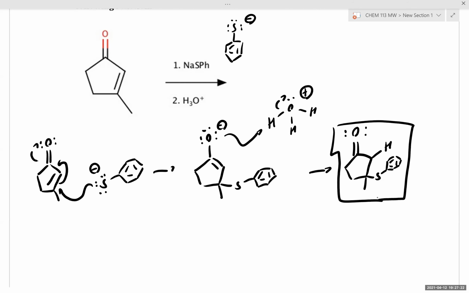It's 1,4 addition in that the nucleophilic attack occurs at the beta position. Does that make sense? So this is the site of reactivity for 1,4 addition, while 1,2 addition attacks the carbonyl carbon.